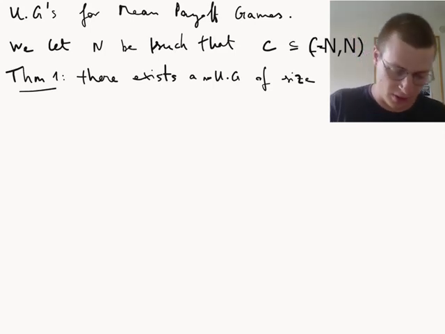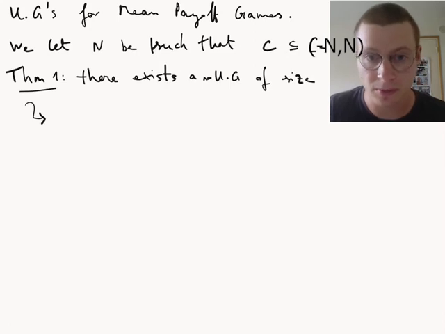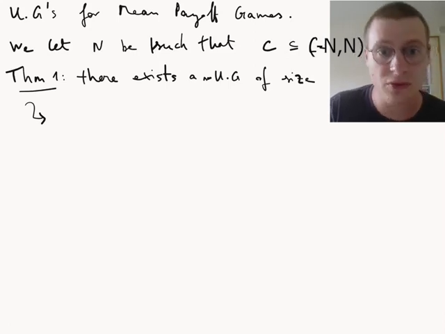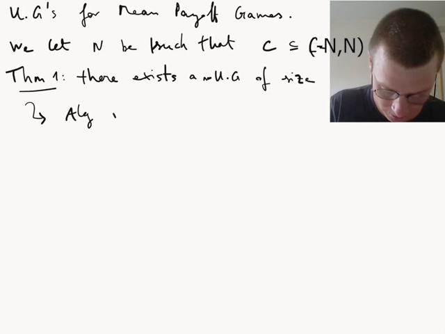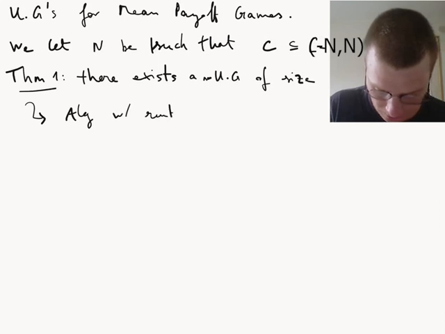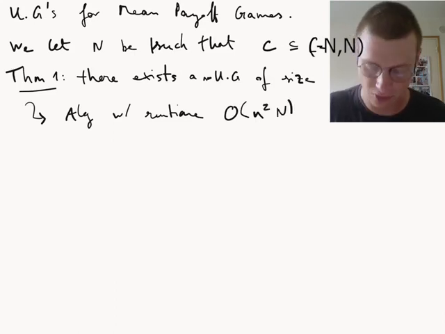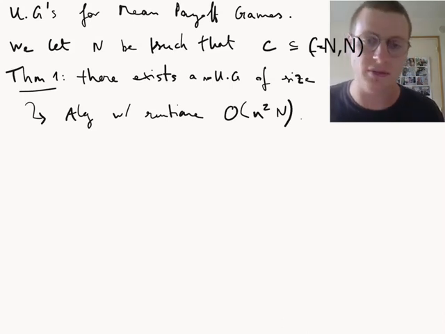Applying our value iteration algorithm, we obtain a procedure for solving mean payoff games with runtime big O of the size of the game times the size of the universal graph. So this matches state-of-the-art algorithms in complexity.